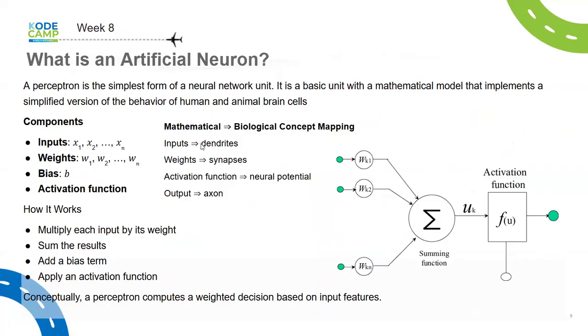Okay, so when you now do a mapping of the biological concepts to the mathematical concept, you find that the inputs are the dendrites, the weights are the synapses. Remember, the synapse is the point of connection between one cell and the next. As a cell is connecting to the dendrite of another cell, that point of connection is a synapse, and a synapse is effectively like a gap.